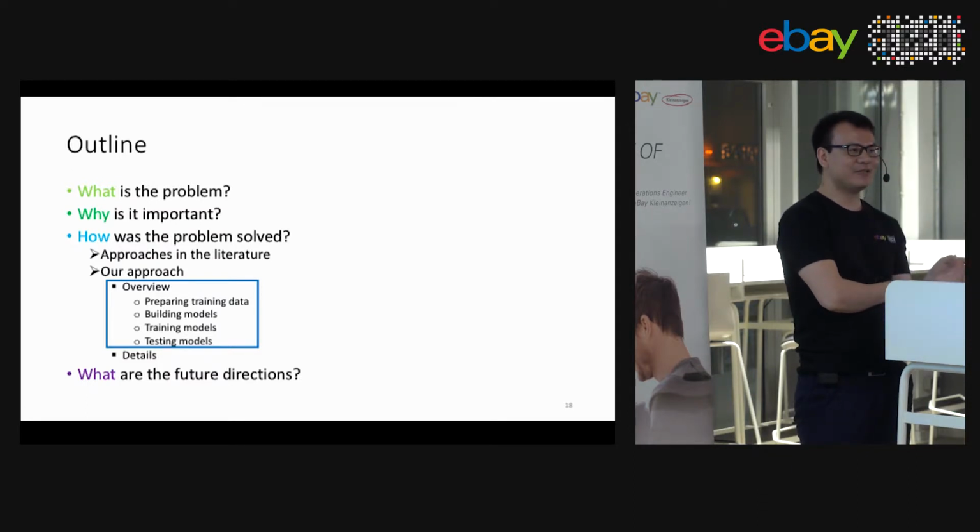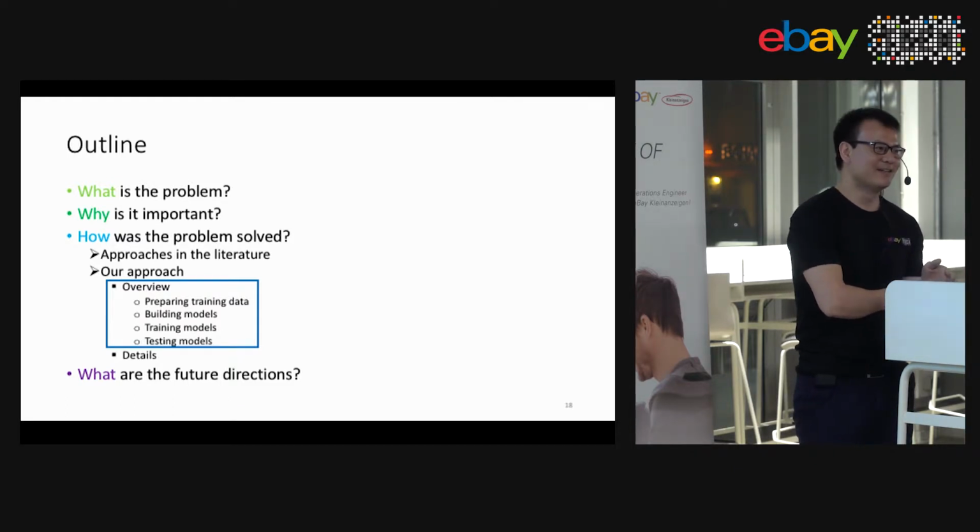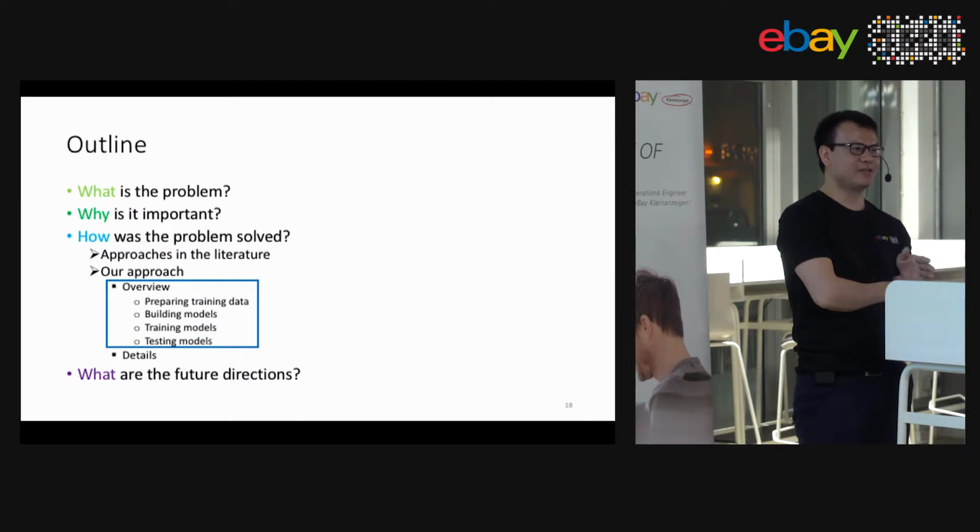So that's why I divided it into 2 parts. The overview is mainly for the general audience, you can easily follow. And for the advanced audience, we can dive into the details. But of course, the general audience is also welcome to dive into the details together.